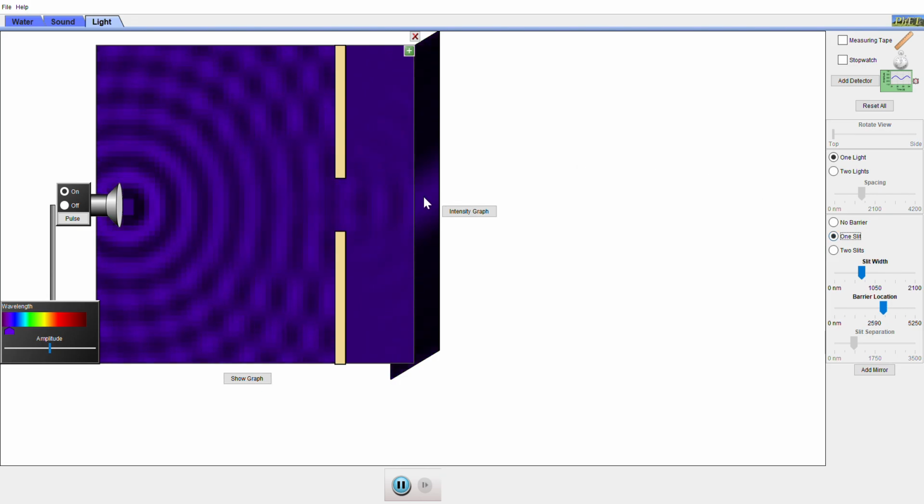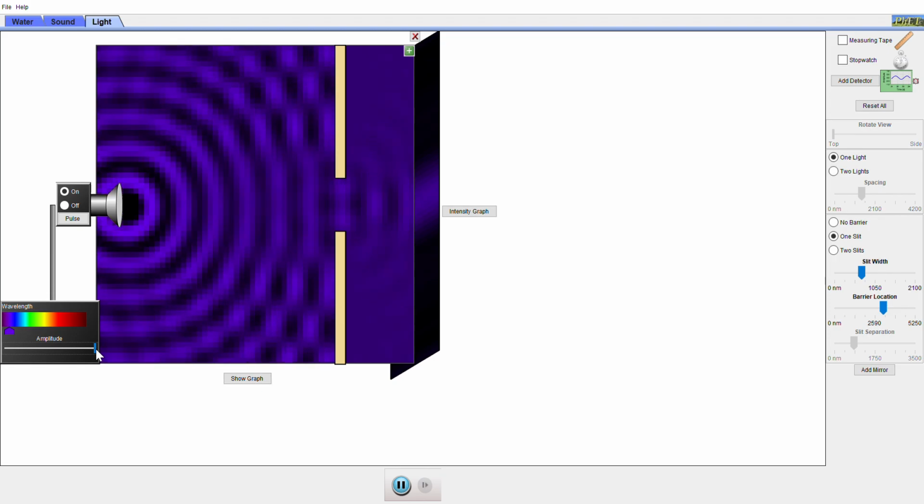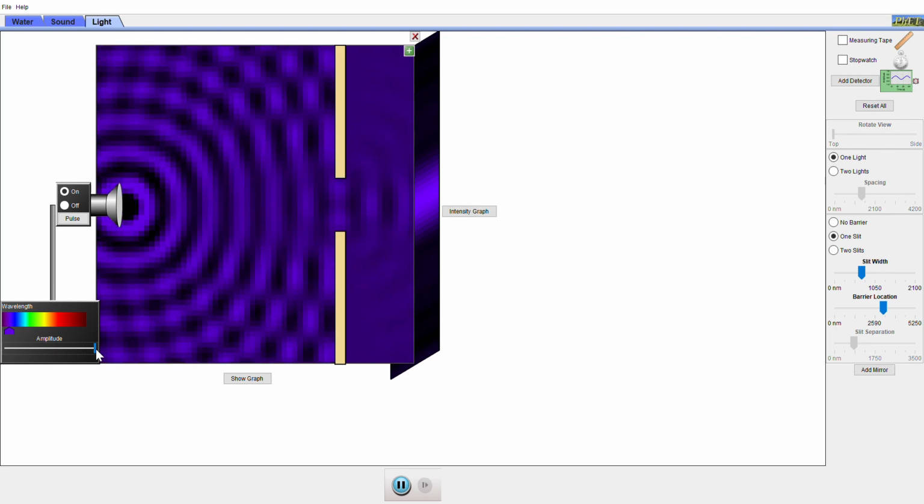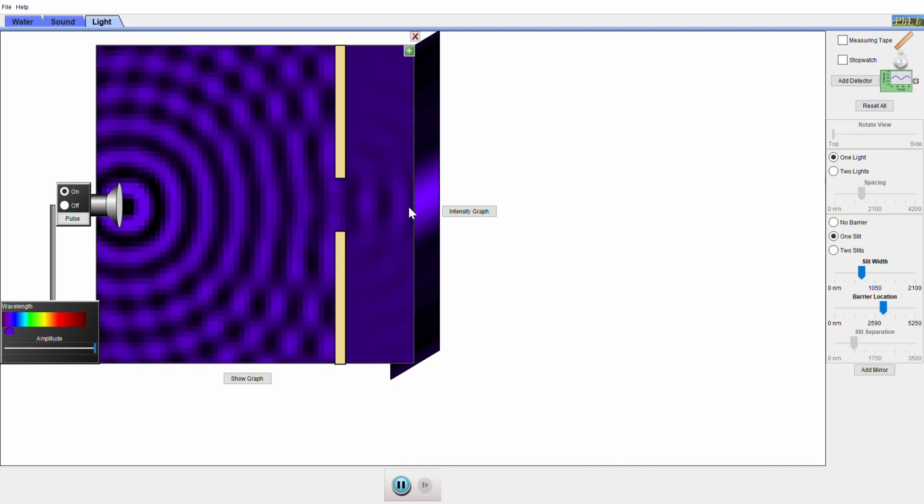you can see that the only light that is getting through, let me increase the amplitude so it's brighter. Amplitude with sound is loudness, or how loud it sounds to our ears. Amplitude with light is seen with how bright it is. So only light is getting through this gap here, and there's not a whole lot of diffraction going on.